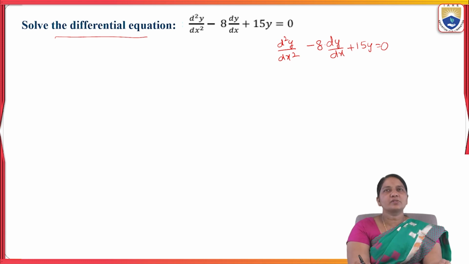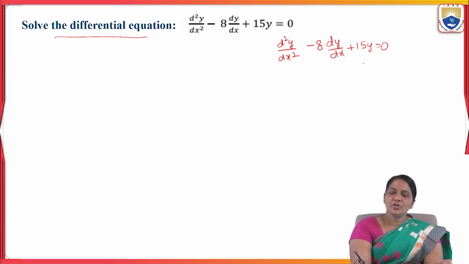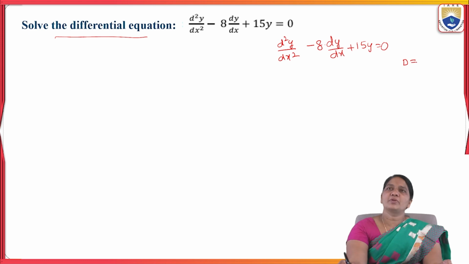So from this equation we are going to write the general form. Already we discussed in the previous videos, D is the operator, that is nothing but d by dx. If you are having d square by dx square, we replace it with D square. We are having d cube by dx cube, we can replace it with D cube.